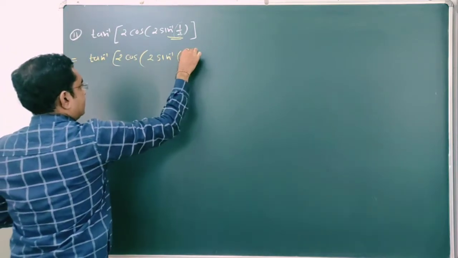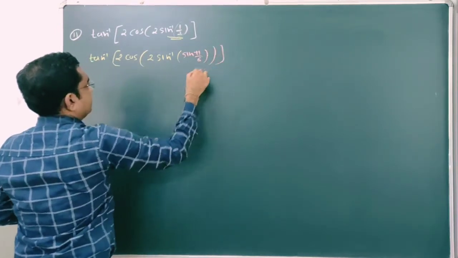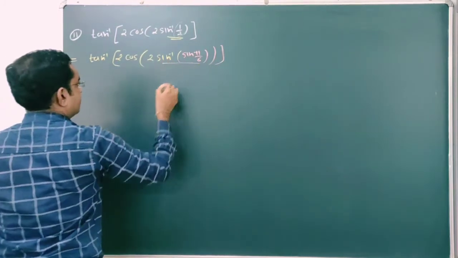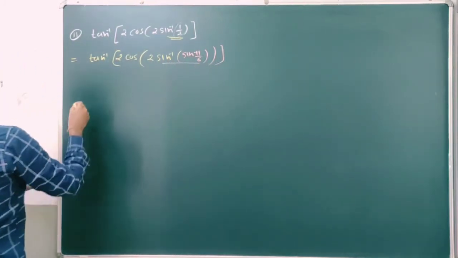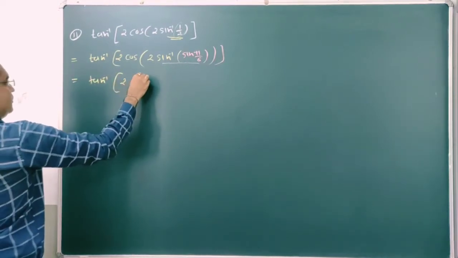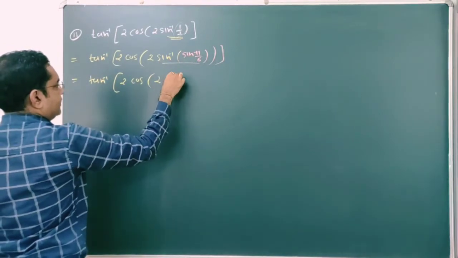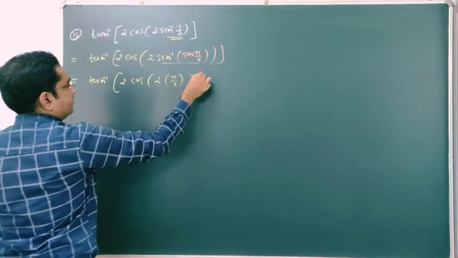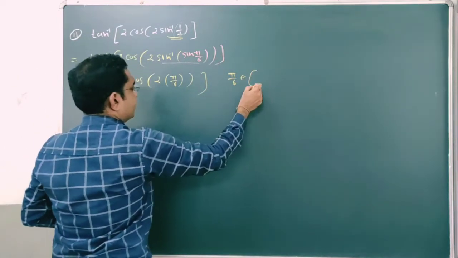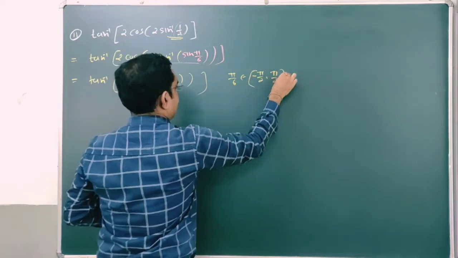It's sin pi by 6. So replacing 1 by 2 with sin pi by 6, this one is sin inverse sin pi by 6. And therefore we can write this one as tan inverse 2 cos 2 sin inverse sin pi by 6, which is nothing but pi by 6, because pi by 6 lies in the principal range of sin inverse, which is minus pi by 2 to plus pi by 2.